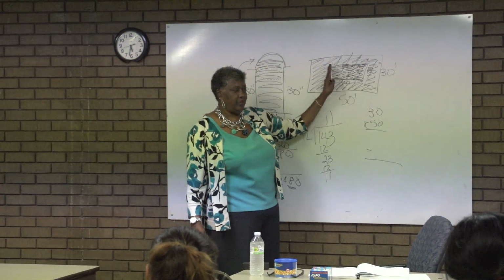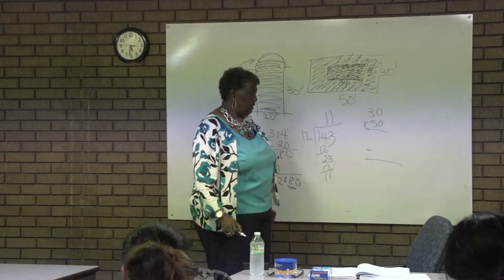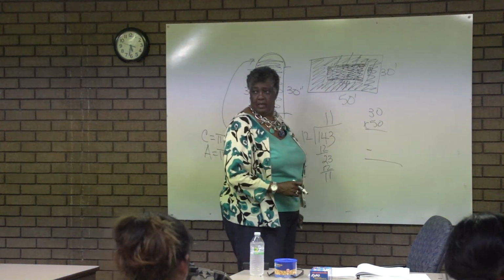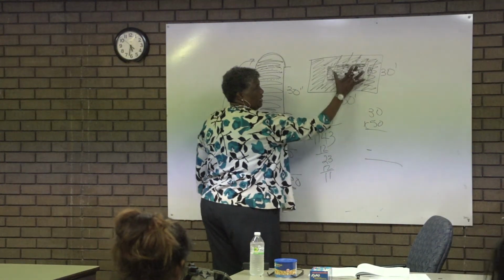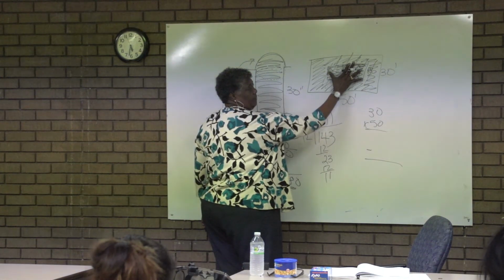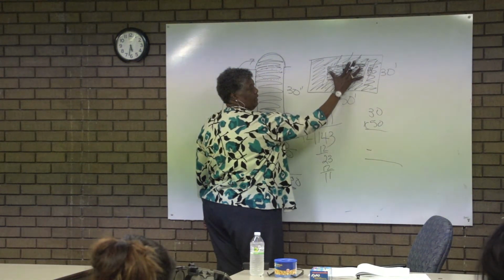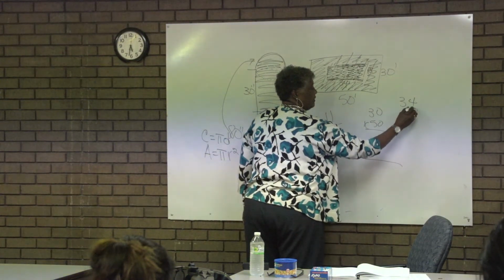It's all of this space that it's covering, that it's taking out. Everybody following that? I need to figure out how much of this space is being taken out, and that's the 34 times 18.